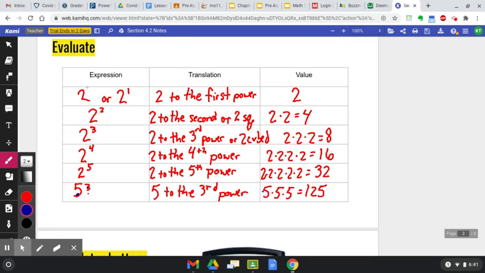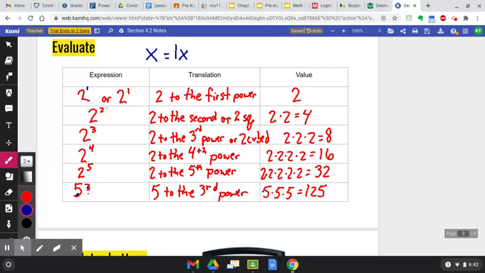When I see the 2, it's understood that that is a power of 1 without even writing it. And we've seen that before when we talked about solving expressions, right? And we had x, we knew that that was the same as 1x, even though the 1 is not written there. It's understood to be there. Same with the power of 1. You typically do not see it written 2 to the first power. It's just 2.